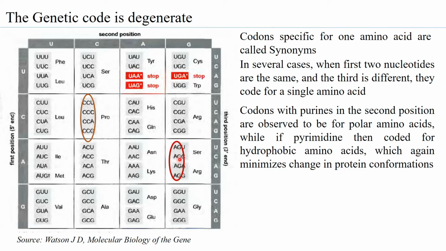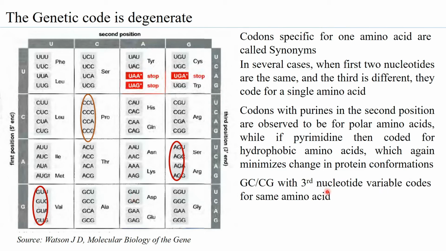Because it's a purine, you can see that it is coding for serine, which has OH as a functional group, and so it is polar. You have arginine with NH2 groups in its side chain, and therefore that also is polar. But consider this set where you have the pyrimidine as a second nucleotide, and all these codons are coding for valine, and valine is a non-polar amino acid. So that is one observation.